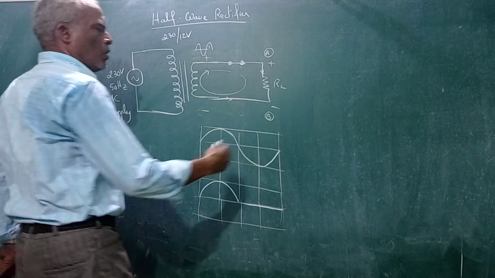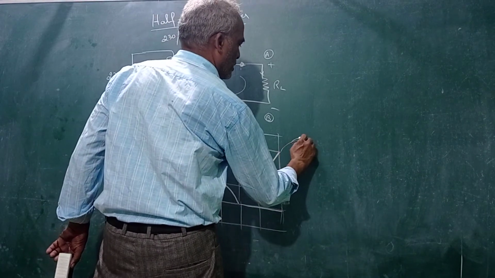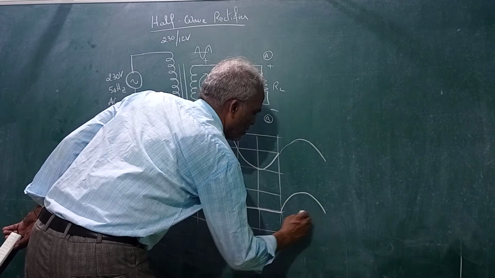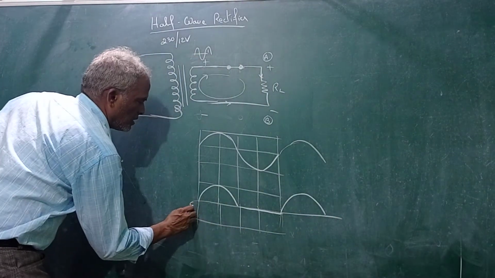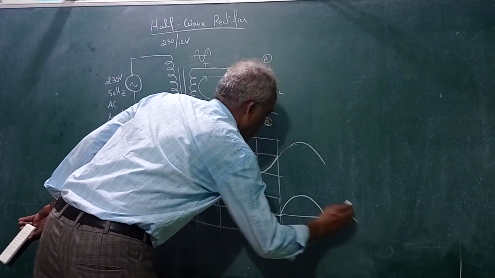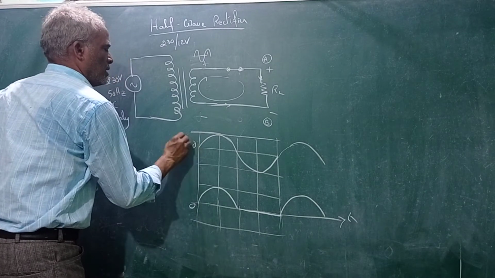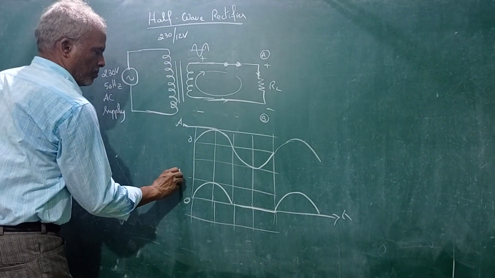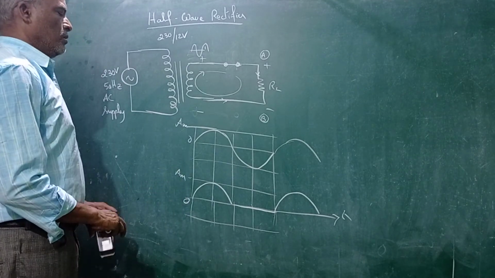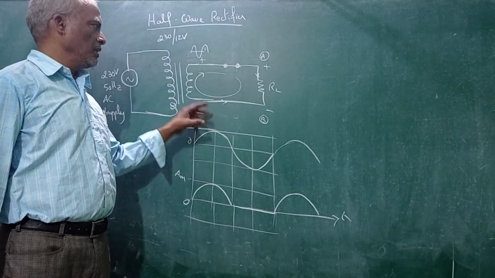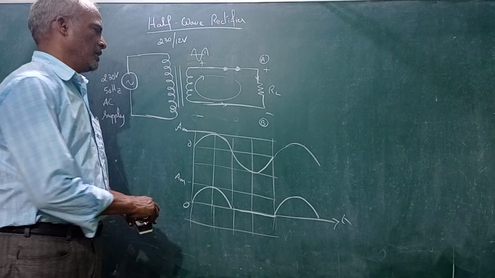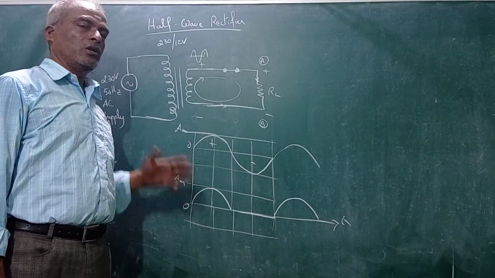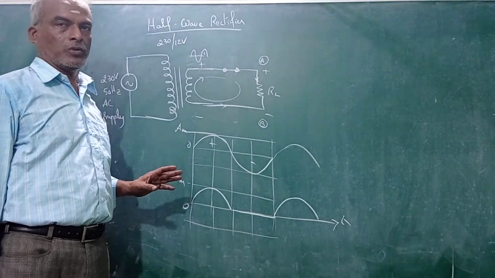It is 0. Once again you have a positive cycle, so it starts conducting once again. This is 0, this is time, and this is some amplitude, say Am. At the input we see both polarities, positive and negative, whereas in the output we see only positive polarity, there is no negative polarity.